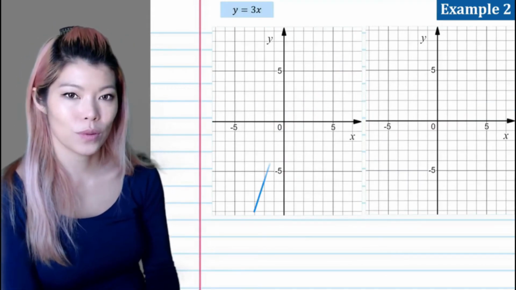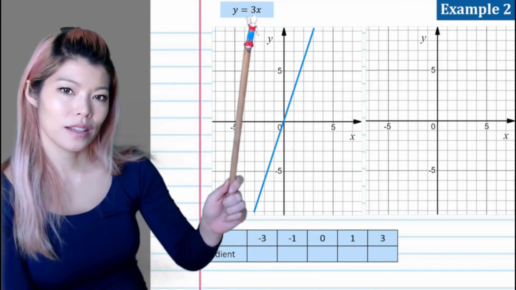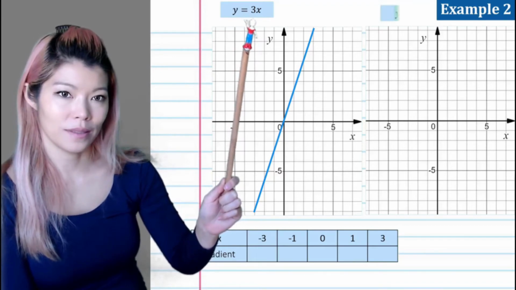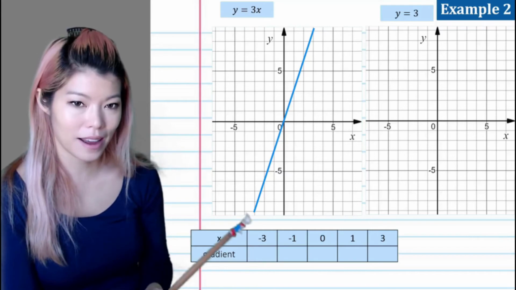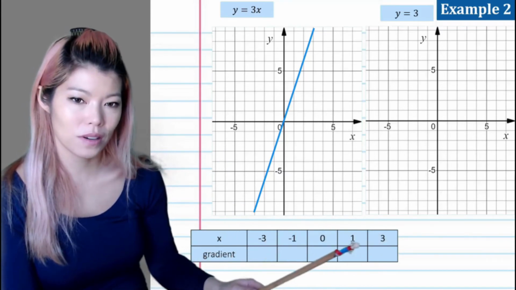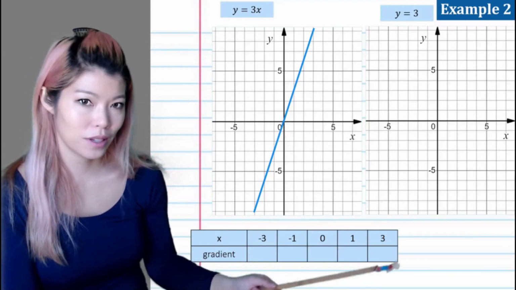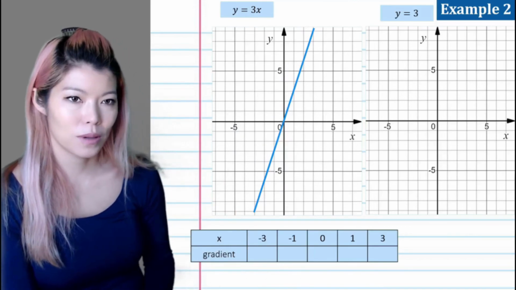Example 2, where we have y equals 3x as our original function. Well, we know that the gradient is just 3. So our gradient function should be just 3. But let's test it out anyway. So here we have a few x values, and we're going to figure out the gradient for each of them. We can see that it's always 3, but you can manually work it out too if you want.